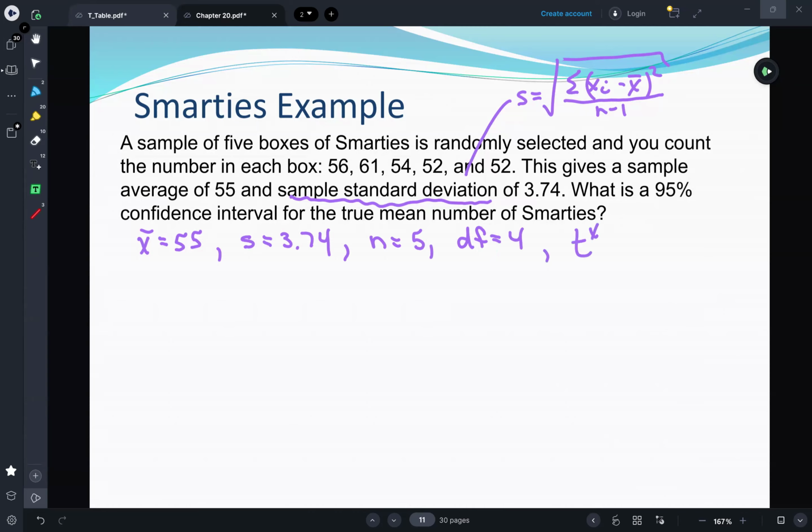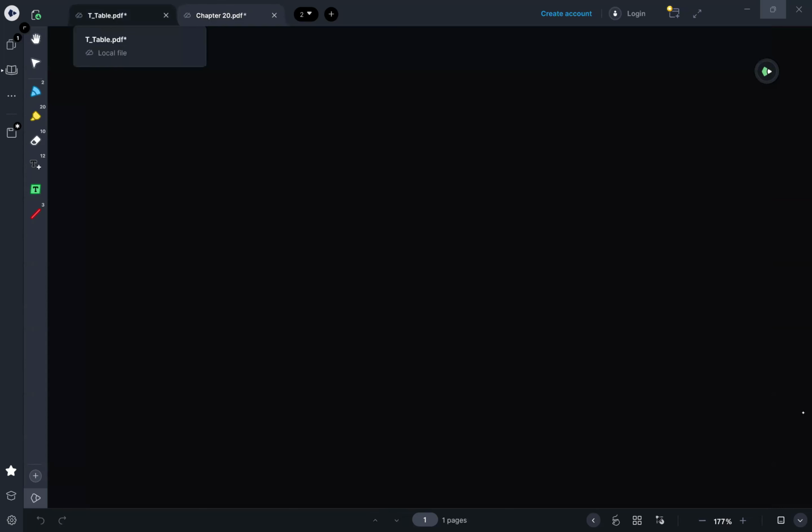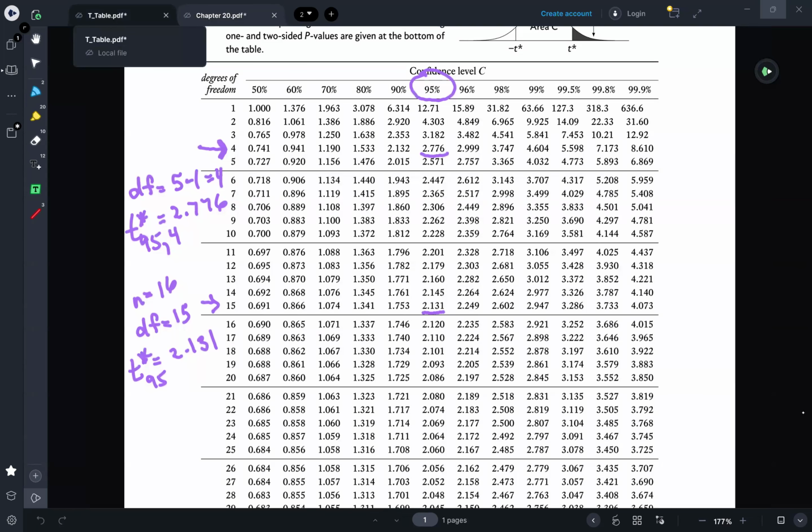And we need the critical value T star on 95. So let's see what value that is. So I just wrote across the top here what we've been given. Okay, so let's write that out. And we already have it down there. I did it in the example. So 4 degrees of freedom is 2.776, right?